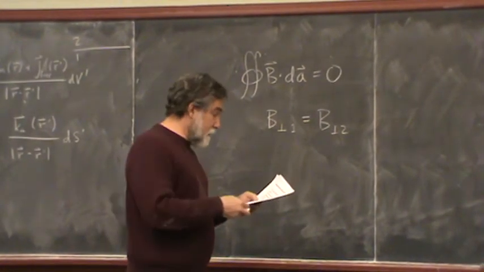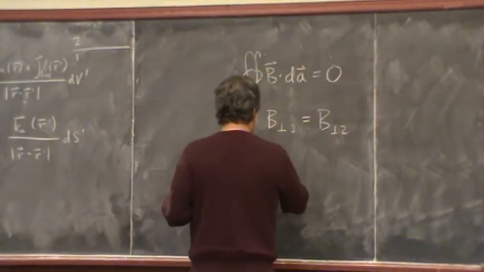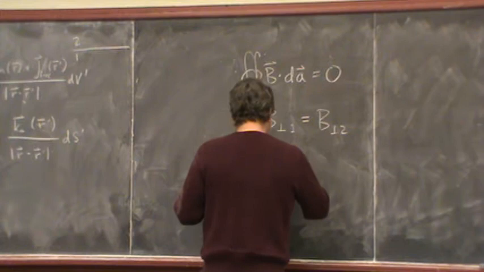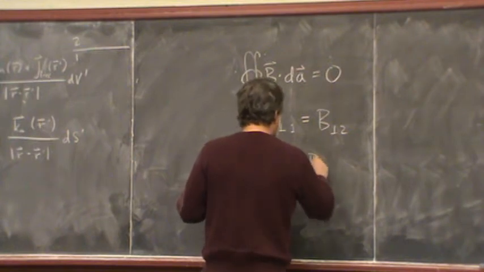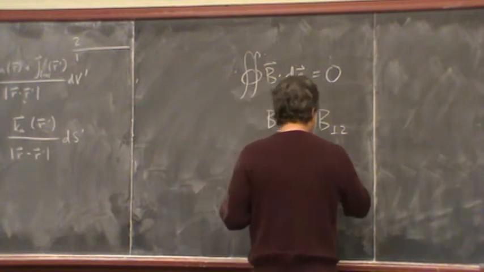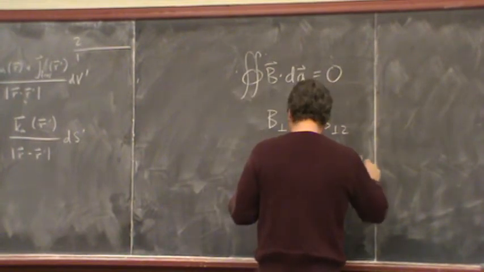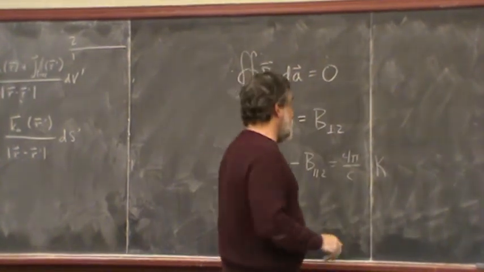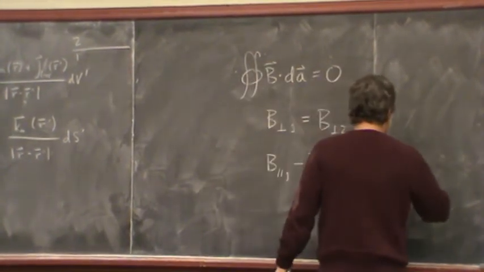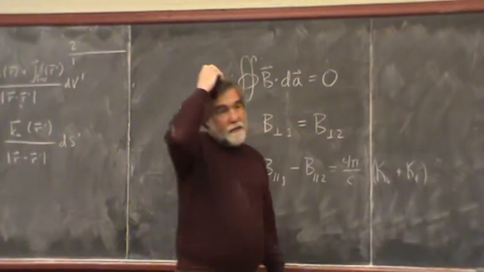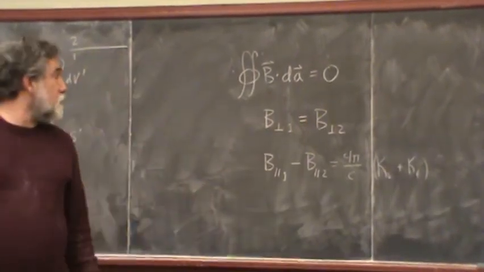Parallel to the surface, we use the curl, and we get B parallel in region 1 minus B parallel in region 2 is equal to 4 pi over C K, where K is both the bound surface current density and the free surface current density.